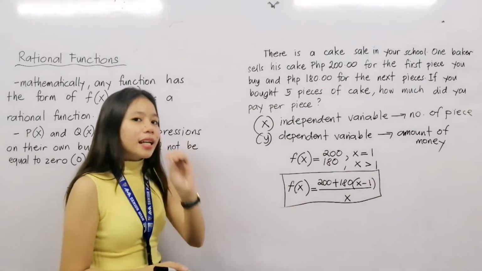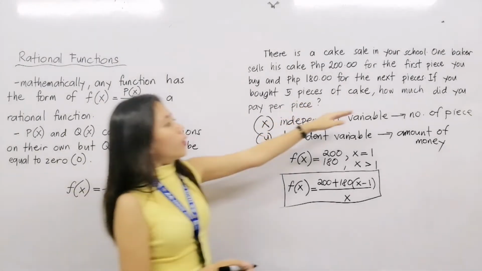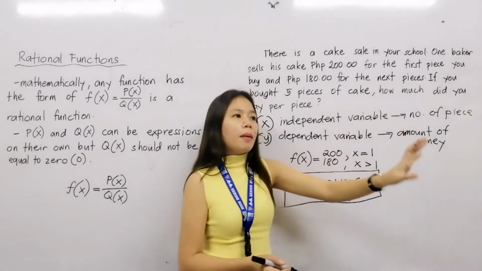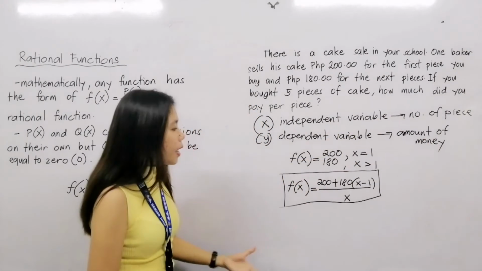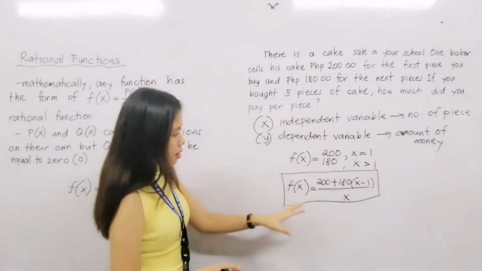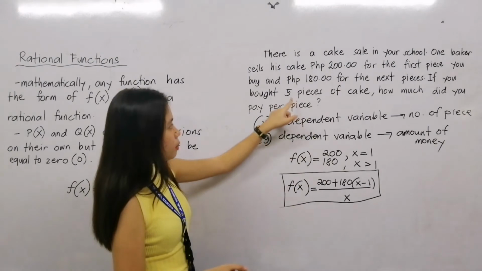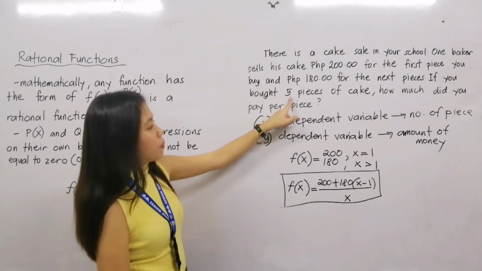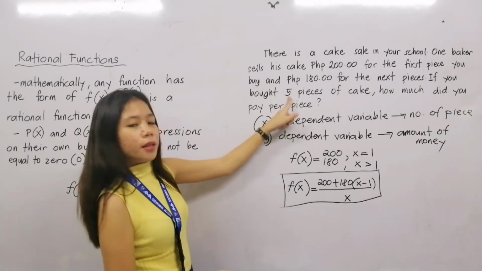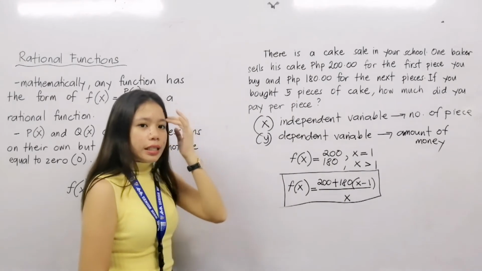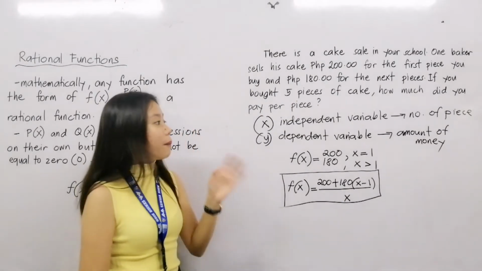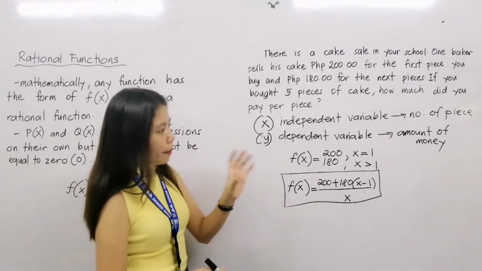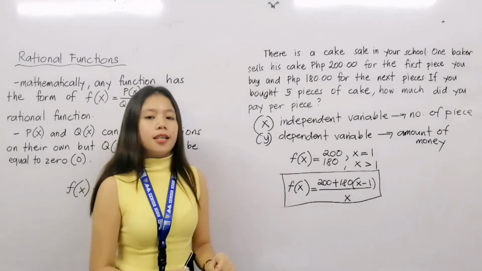Ngayon, para mas maintindihan po natin class, we are about to look at the value of the money or yung kabuuan ng pera na babayaran mo per piece. So if we continue the computation, since nabanggit naman na sa problem na meron po tayong value for the domain, let us continue the computation para mas maintindihan po natin. Hanapin natin kung ilan ba yung amount ng pera na babayaran natin each piece of cake.